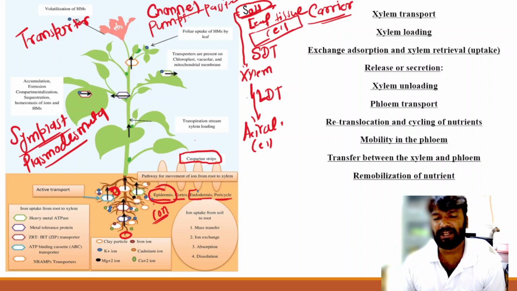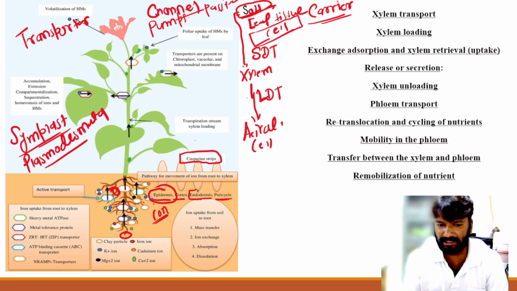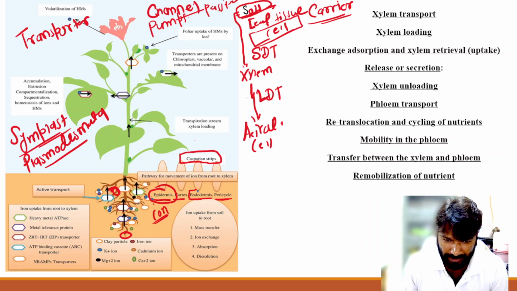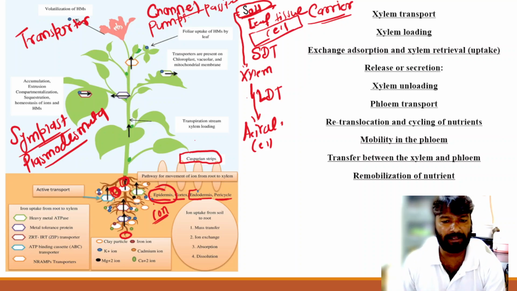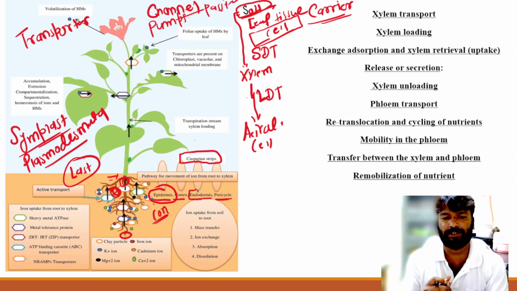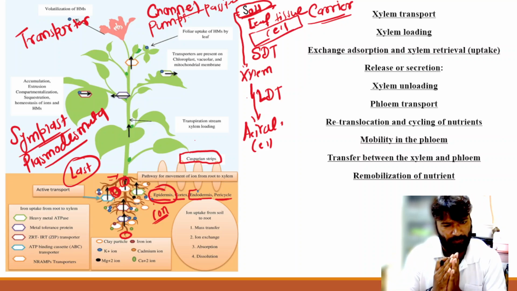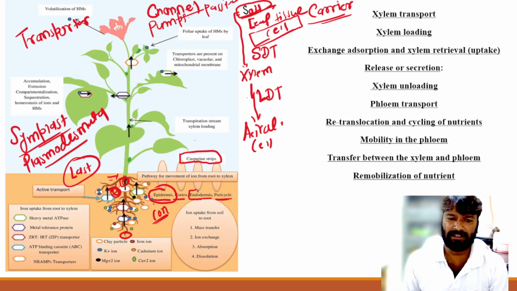So there are three types of transporters involved in the transport of nutrients at the cell membrane and the xylem membrane. Okay, so xylem loading is the last step of the short distance pathway and the first process of the long distance pathway. So it is very clear that this is the short distance pathway.